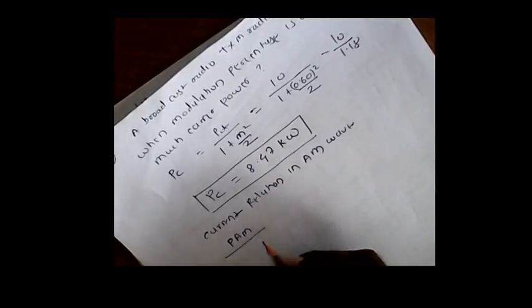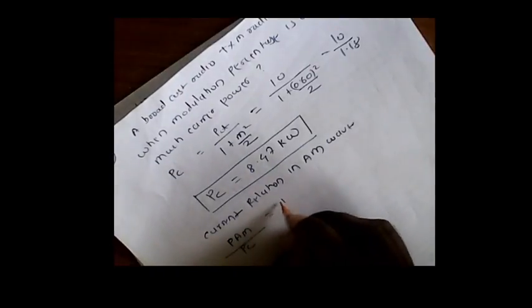The total power of amplitude modulation divided by carrier power is I square R for the total current flowing through the transmitter divided by the unmodulated current square. So we can calculate (IT divided by IC) square is equal to 1 plus m square divided by 2.